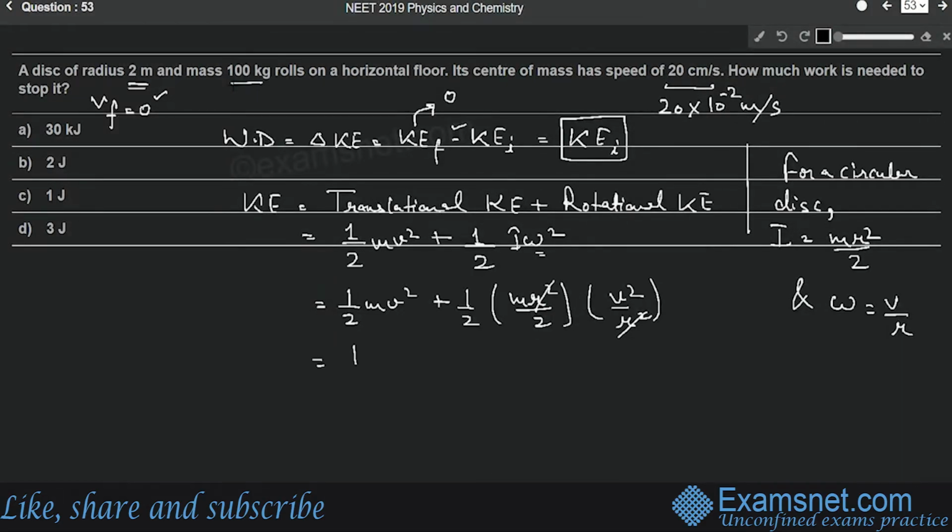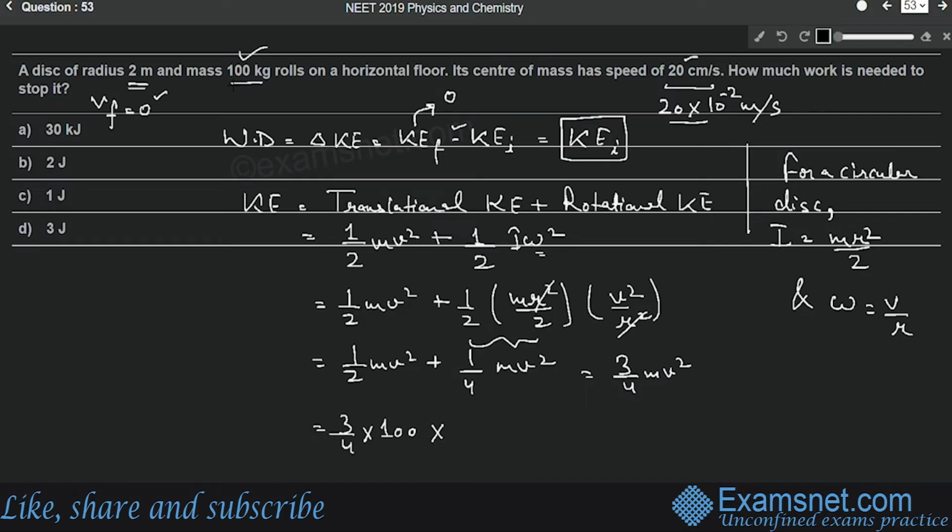So what will we get here? Half mv square plus 1 by 4, because 2 into 2 is 4, mv square. So half mv square plus 1 by 4 mv square will be 3 by 4 mv square. Now we can put the value here. 3 by 4, m is the mass, which is given as 100 kg, and velocity is given as 20 centimeter per second, or 20 into 10 to the power minus 2 meter per second.